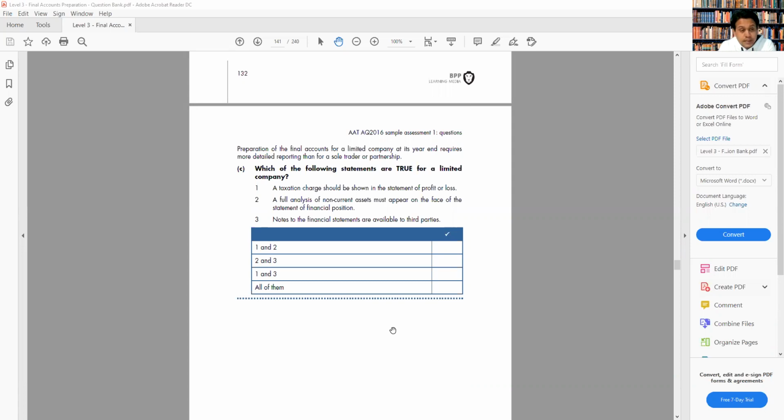And hopefully by the time we do the indirect tax, then we can start, maybe in the class, the Excel and the ethics, and we can get ready for the synoptic.